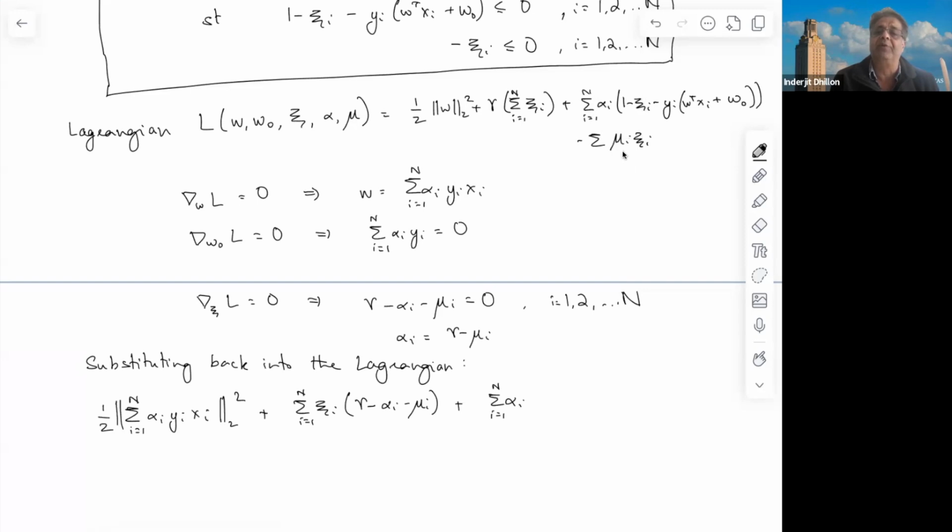So what's left is summation of alpha I, yi, xi transpose times w, and w is of this form. Okay, so I can write this as minus summation of I equals 1 through n, alpha I, yi, xi transpose times w, which is summation of I equals 1 through n, alpha I, yi, xi.